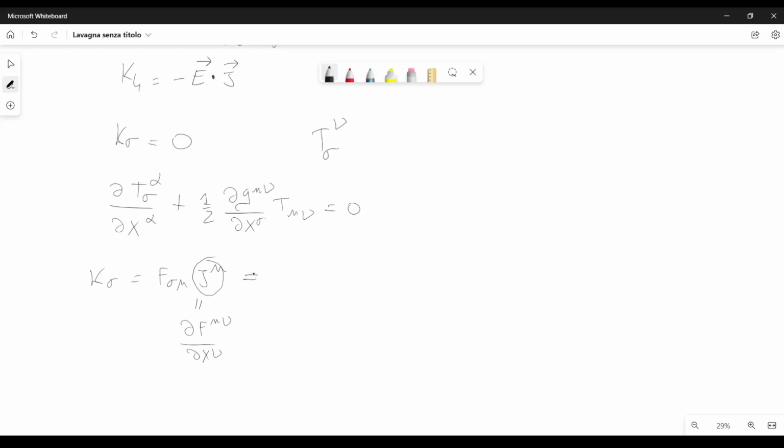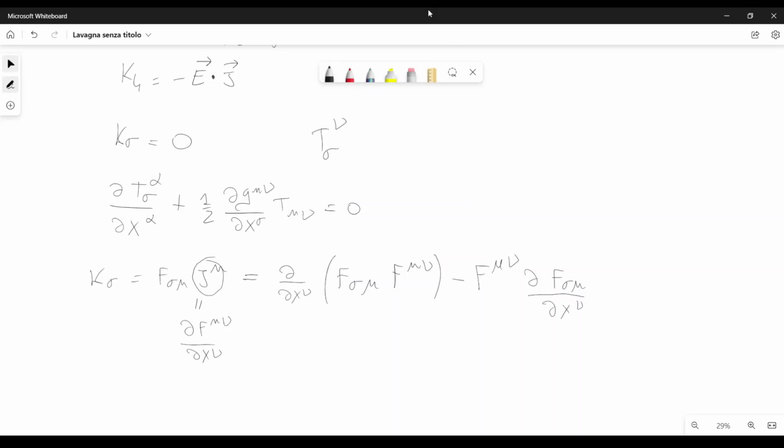And therefore we can rewrite this expression as the derivative with respect to x nu of f sigma mu f mu nu minus f mu nu times the derivative of f sigma mu with respect to x nu. Let me write this index more clearly. This is mu.